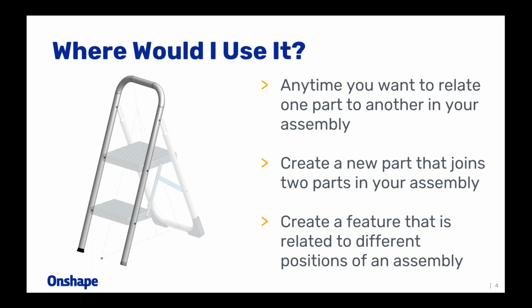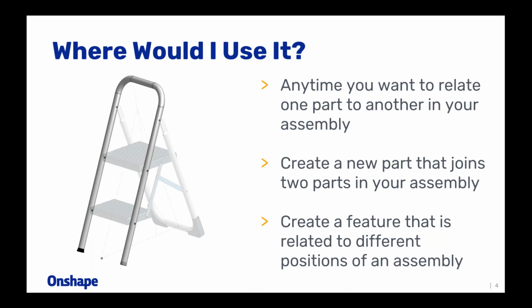The other example I like to give is especially with Onshape's in-context design. This is something that we've done really, really well. You can capture multiple positions of an assembly. In the example on the left, a steps tool has an open and closed position. You may need to design around both positions. Maybe you need clearance around this position, you need some kind of mount for this position, and you need to be able to easily get between those two positions.